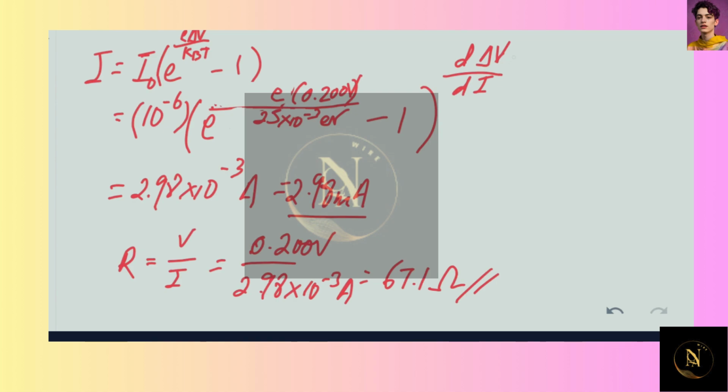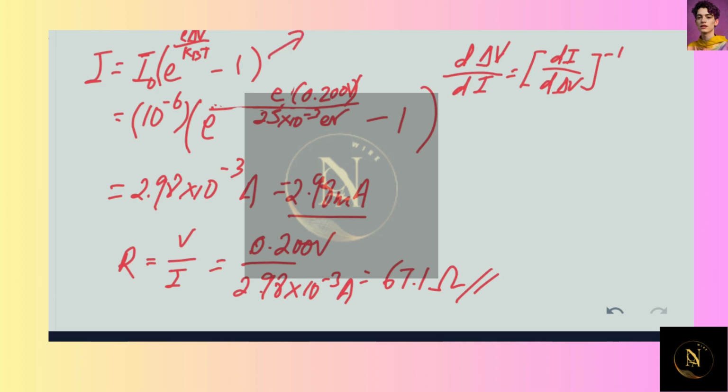This can be written as the inverse of dI over d delta V. So we can differentiate the current equation with respect to delta V and then invert that expression.